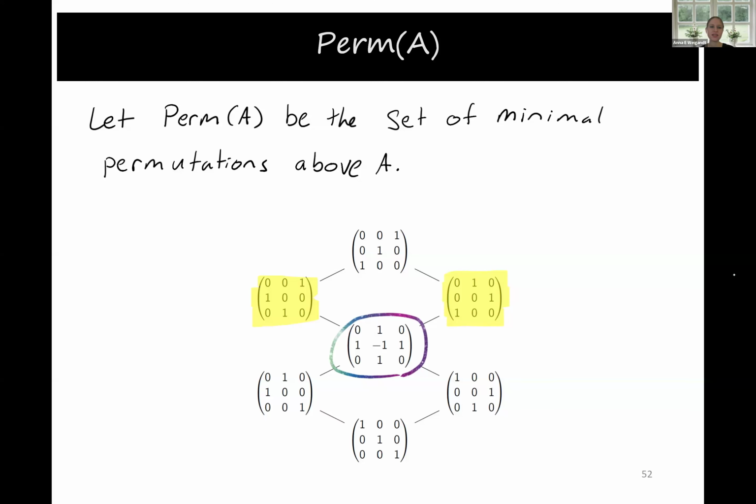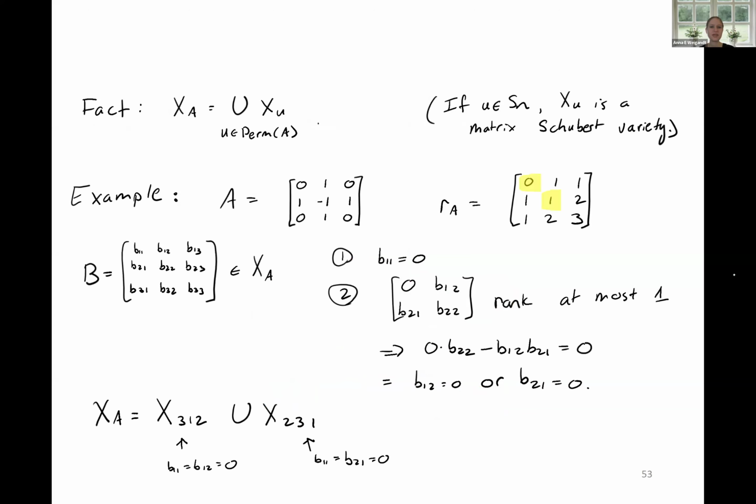So we can let perm of A be the set of minimal permutations that live above A in the poset. So here, if you're a permutation, your perm set is just yourself. But if you're an ASM, like here, I've highlighted the permutations that are minimally above this alternating sign matrix. And it's a fact that the alternating sign matrix variety is just a union over the permutations in its perm set of these other ASM varieties, which Fulton defined and studied and called matrix Schubert varieties.